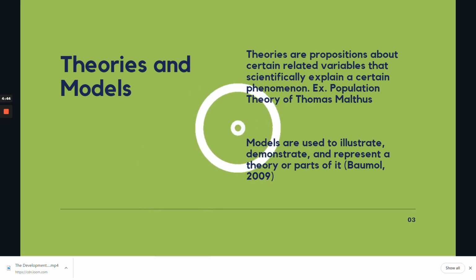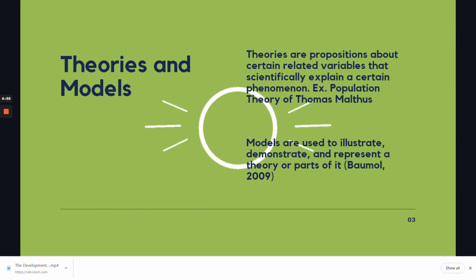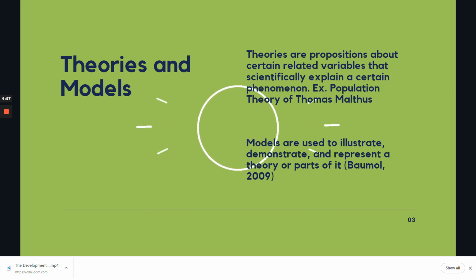According to Baumol 2009, models simplify an explanation or description of a certain economic phenomenon, often employing graphs, diagrams, or mathematical formulas. So a theory is propositions about certain variables, while a model is something we use to illustrate the theory or part of the theory. So we use graphs, anything that will represent the theory.